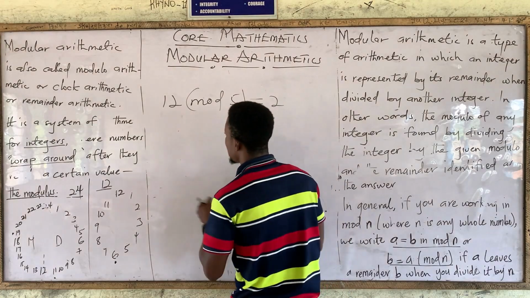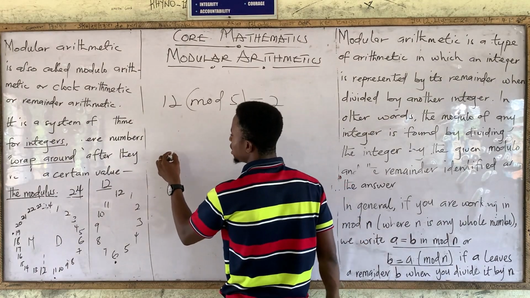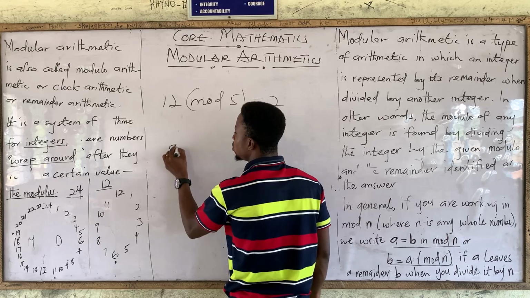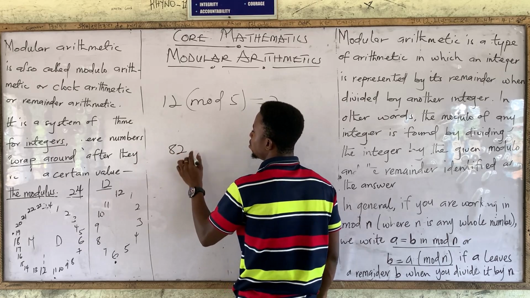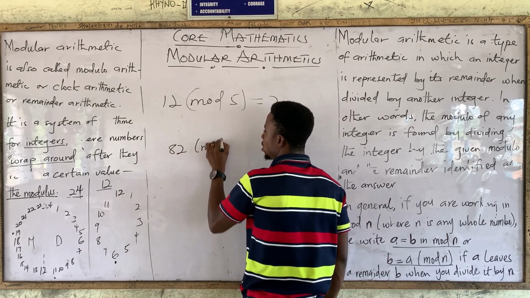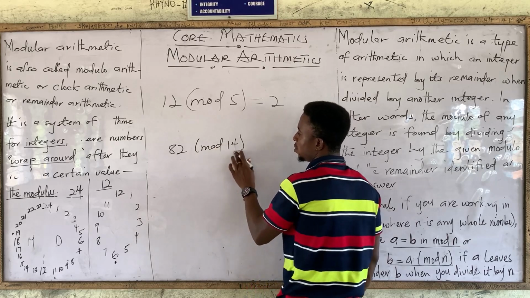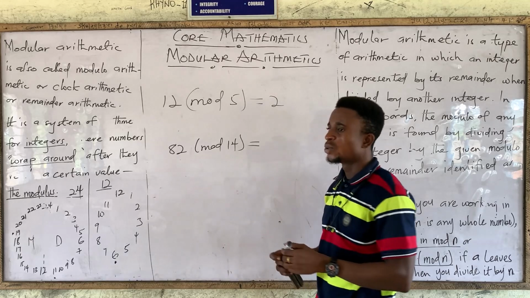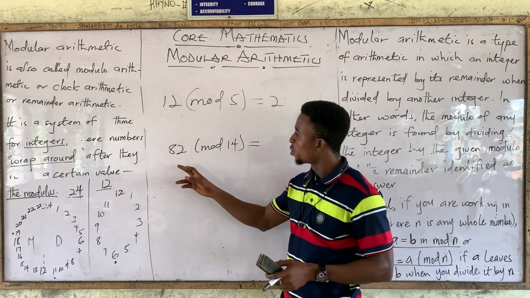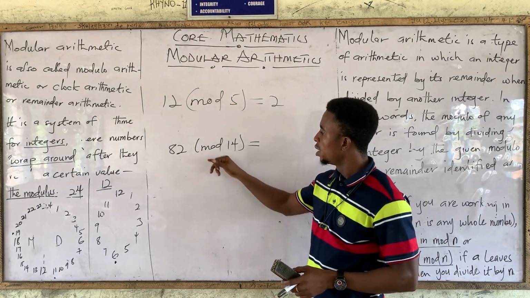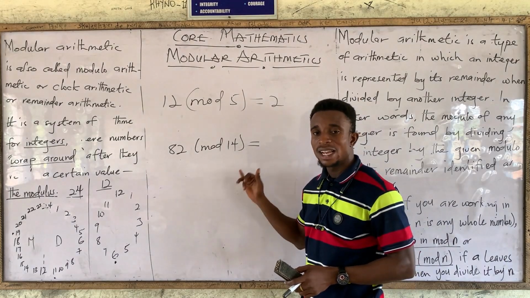And also let's imagine you are given, let's say, 82 mod, let's say, 14. So what is this one getting you? We can see that 82 in mod 14 will get us something.